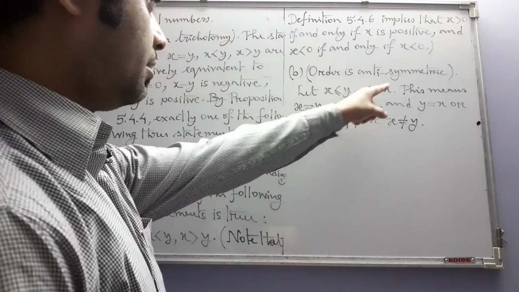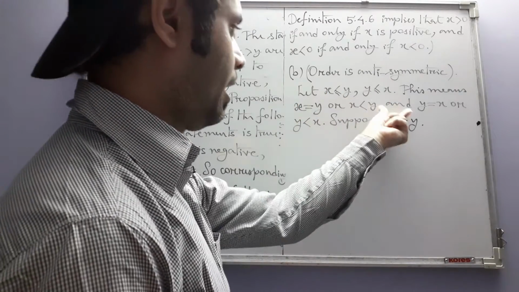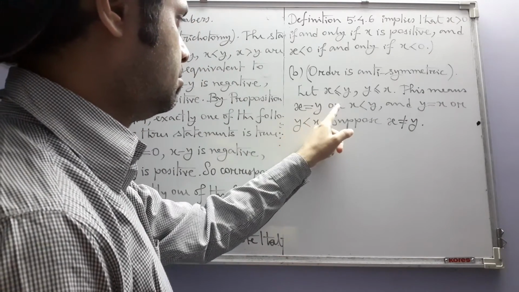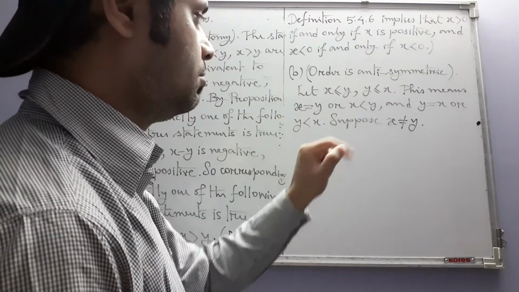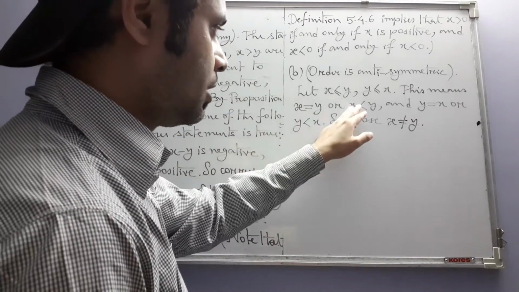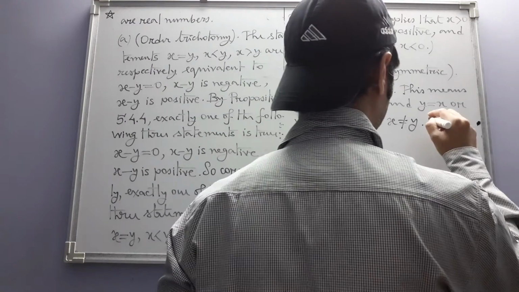Since each of these statements must be true, and in each one this part is not true, the other thing has to be true. x is not equal to y, so x has to be less than y and y has to be less than x.